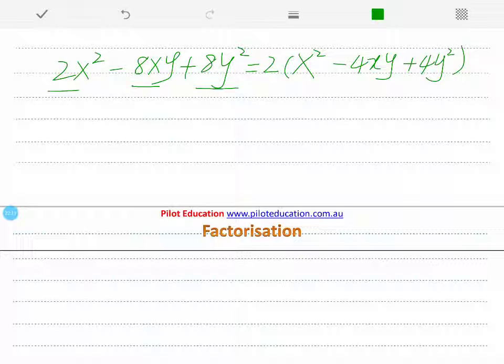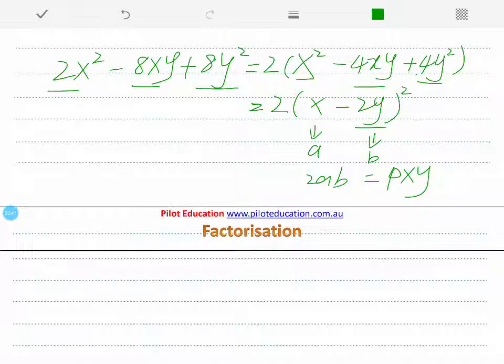So that should fit the perfect square formula. So if that fits, that would be x minus 2y squared. Remember, it's not 4y, it's 2y, because the square root of the whole thing is 2y. And that's a, that's b, then 2ab would equal 4xy. So that gives minus, then minus. So that's the answer for that one.